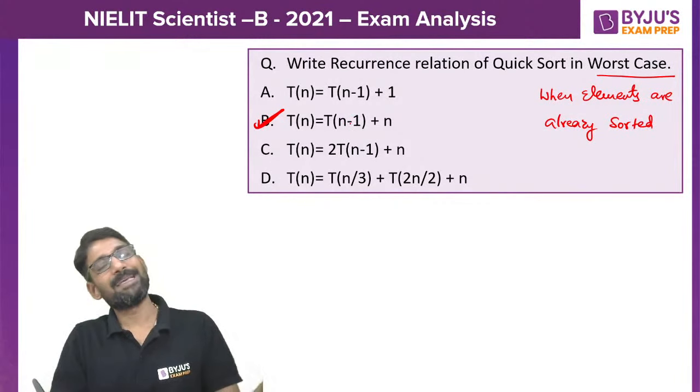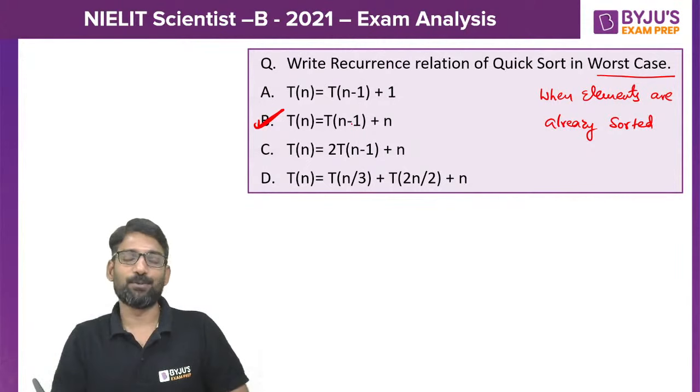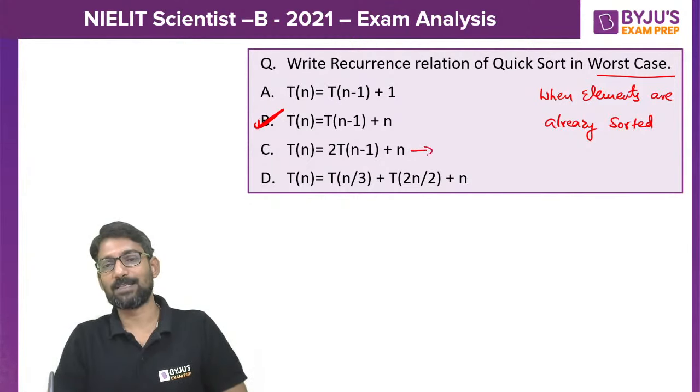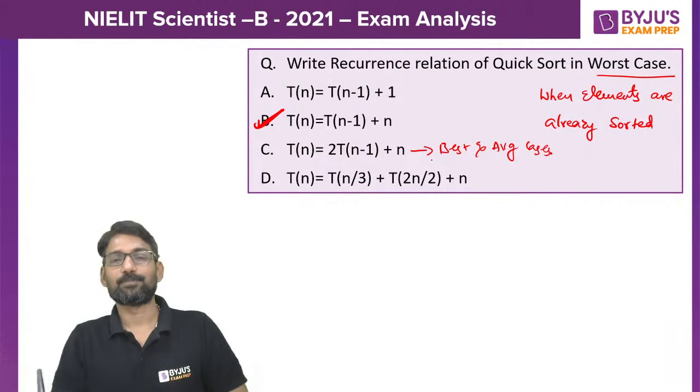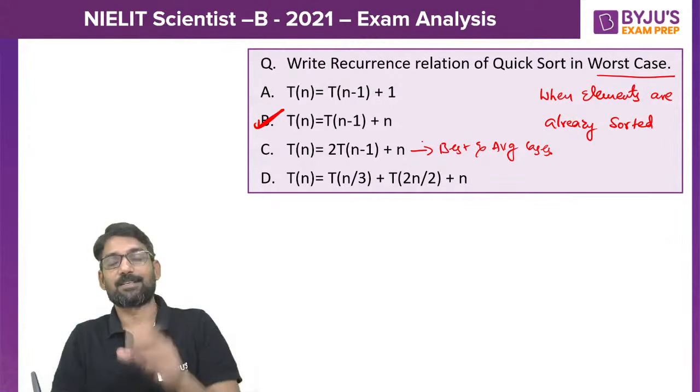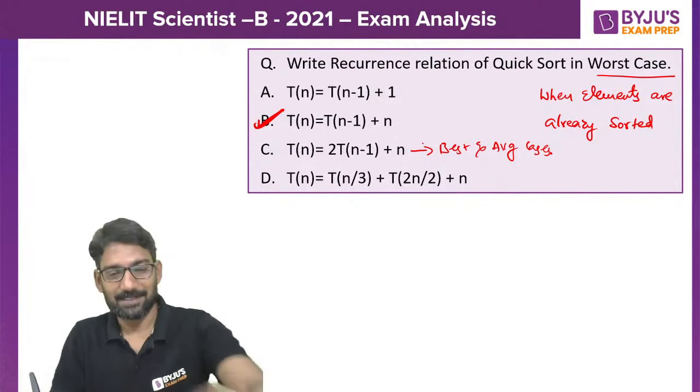So for the remaining n minus 1 elements you have to apply the procedure, and it is not 2T of n minus 1. 2T of n minus 1 plus n is for best and average cases. We want the worst case.